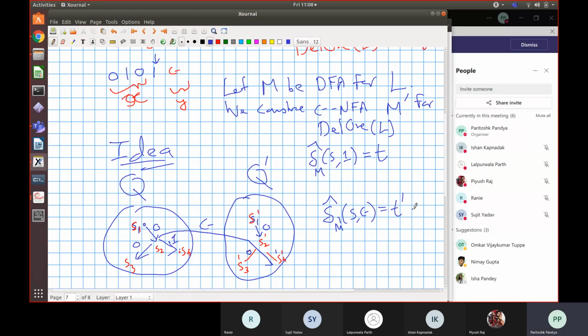So I will add this extra transition, and of course, I'll keep the copies of the old transitions. And the final states will only be final states within Q prime.